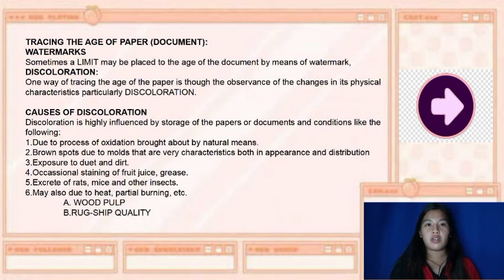Fifth is excrete of rats, mice, and other insects. Six is may also be due to heat, partial burning, and etc.